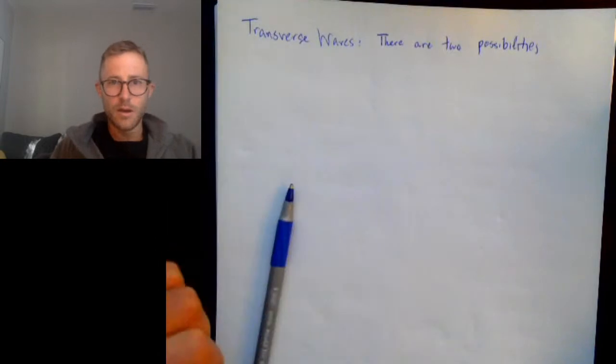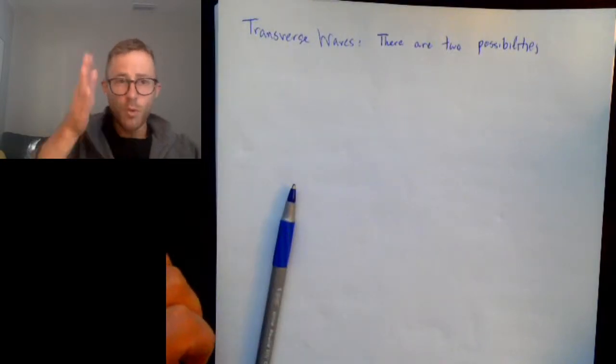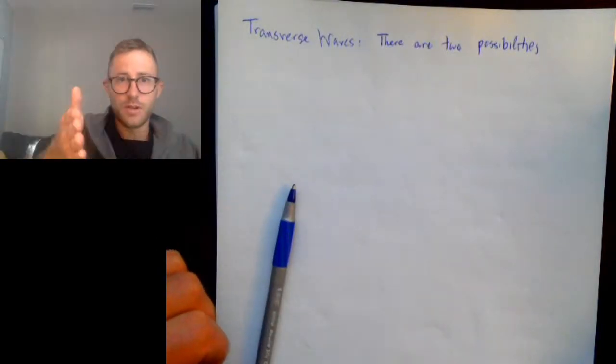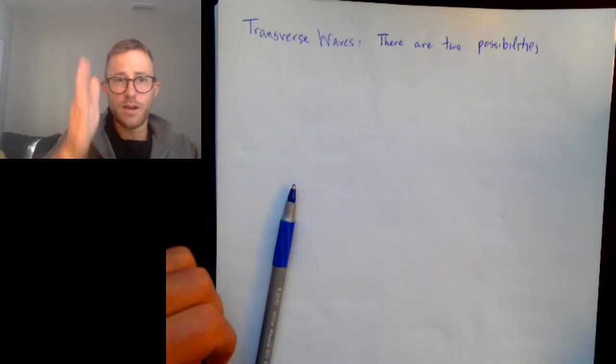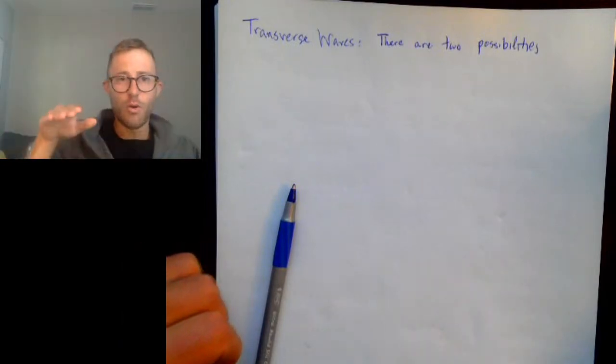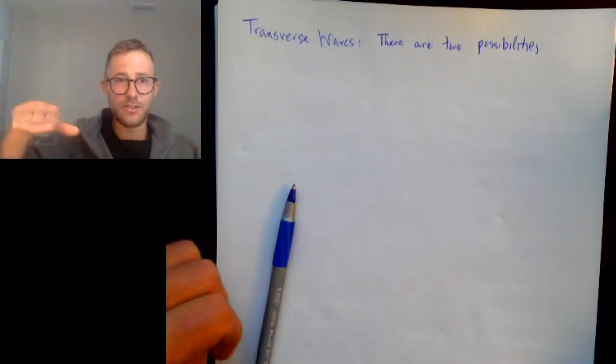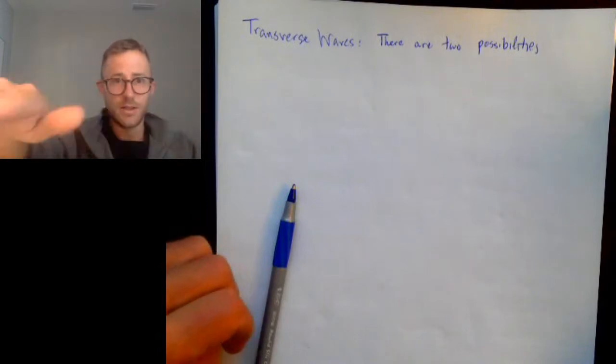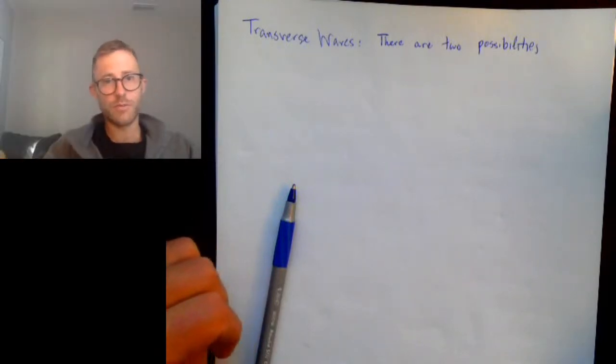If I have a wave that is traveling towards the camera, that transverse wave could be vibrating up and down like this, or it could be vibrating side to side like this. So there are two possibilities for transverse waves.